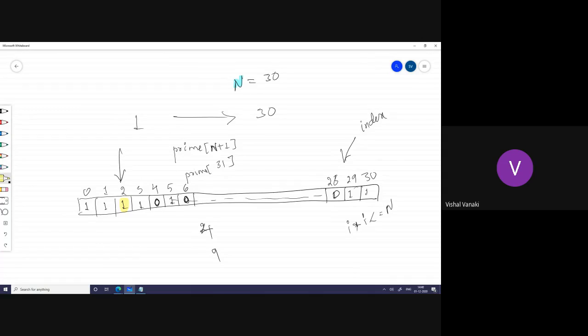If the element is 0, it is not a prime number. So you need to print the index: 2, 3, 5, 7, 11, 13, like that. You need to print the index whose values are 1, starting from 2. That is what I did.